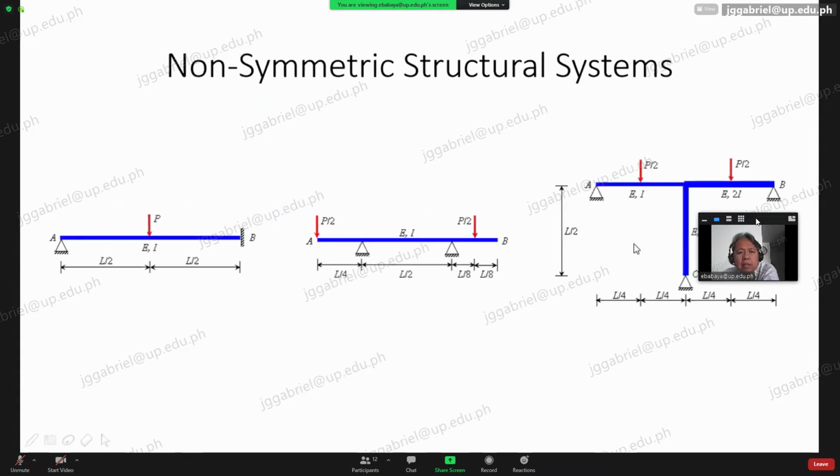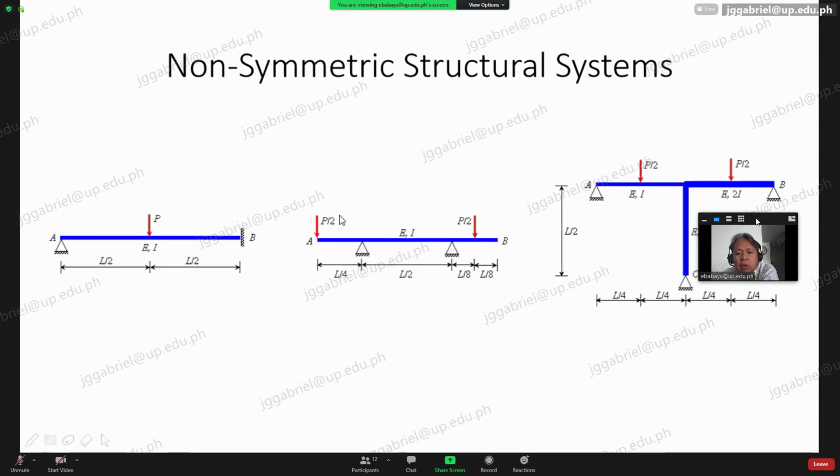Now, what about non-symmetrical? Look at this one. The beam is symmetrical, and the loading too, but the supports are not. Here it is pin connected, and this is fixed. Then for this one, which is not symmetrical, the loading.